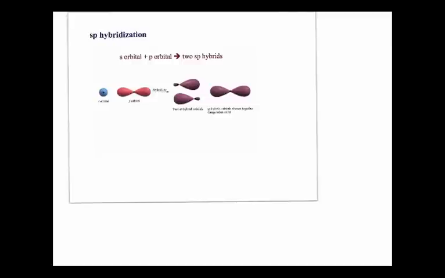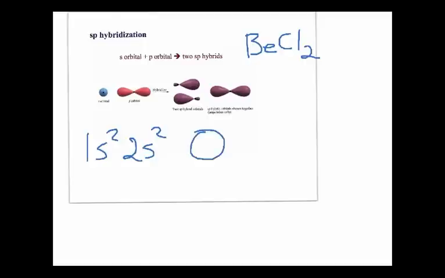So next we try the same idea, but this time we're going to look at beryllium chloride, or beryllium dichloride. The configuration for beryllium is 1s2, 2s2. So right off, the theory doesn't seem to work because we have this orbital with two electrons. In theory there shouldn't be any sort of hybridization.